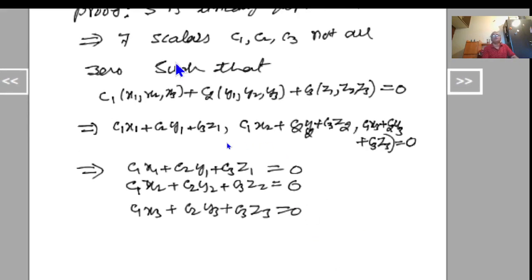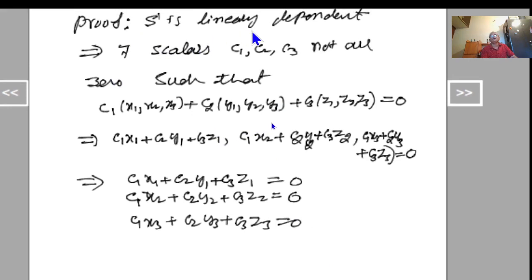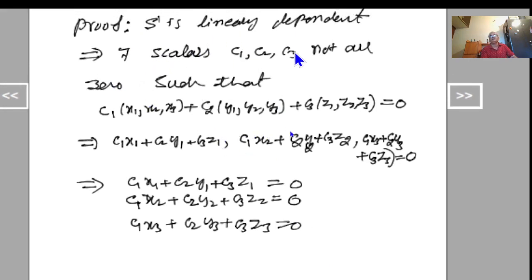So here we can write, there exists, as linearly dependent, there exist scalars not all 0 such that this is equal to 0. This implies and is implied by, that is, if and only if, this has a non-trivial solution.